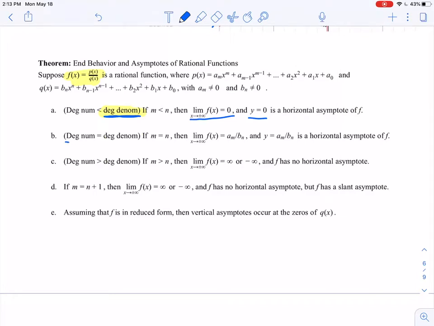If the degree of the numerator is exactly equal to the degree of the denominator, then the limit as x approaches positive or negative infinity is equal to a sub m divided by b sub n. This I always just refer to as the ratio of the leading coefficients.